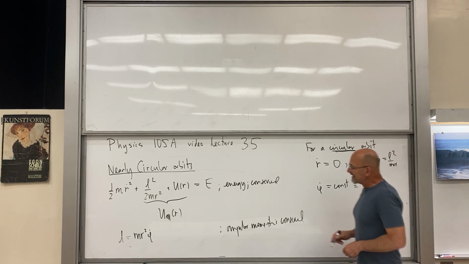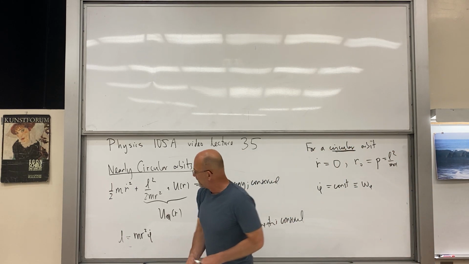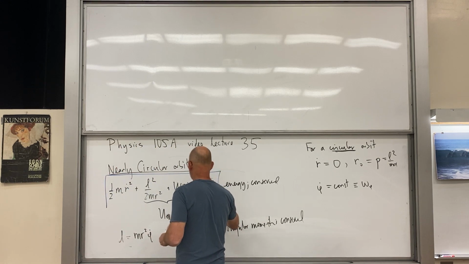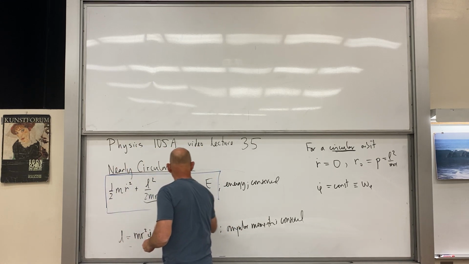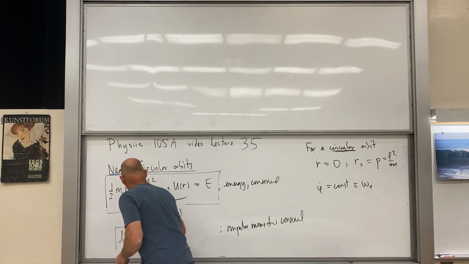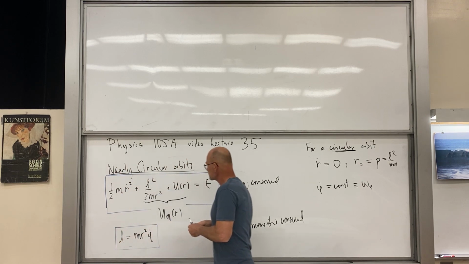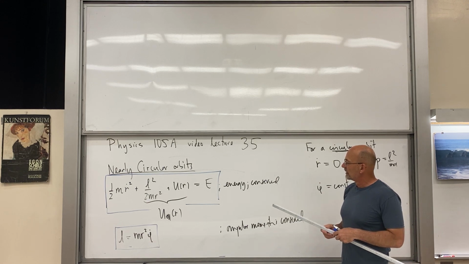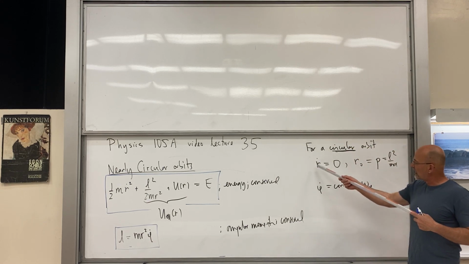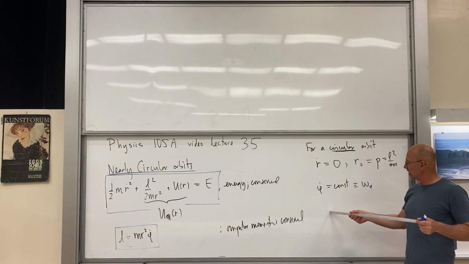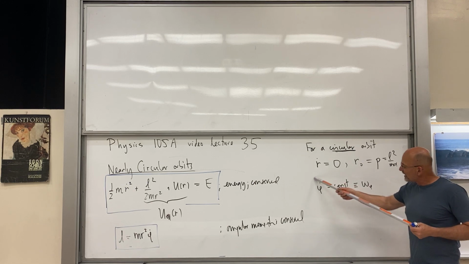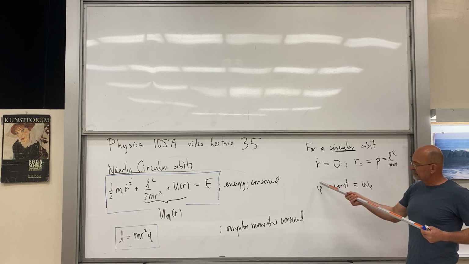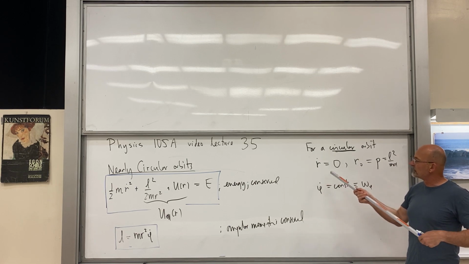Okay, so what about the nearly circular orbits? This deserves a box of its own. So for the nearly circular orbits, r is no longer a constant, but phi dot we're going to retain as a constant, because corrections to phi dot would be second order small.